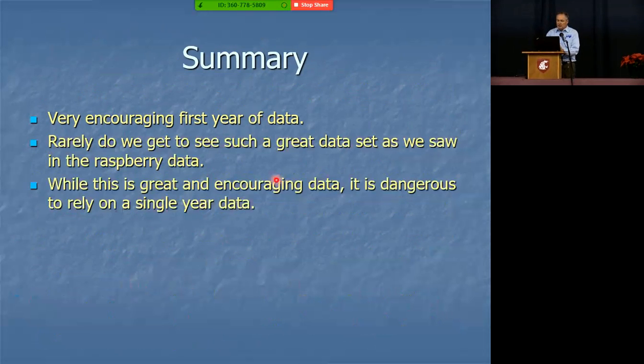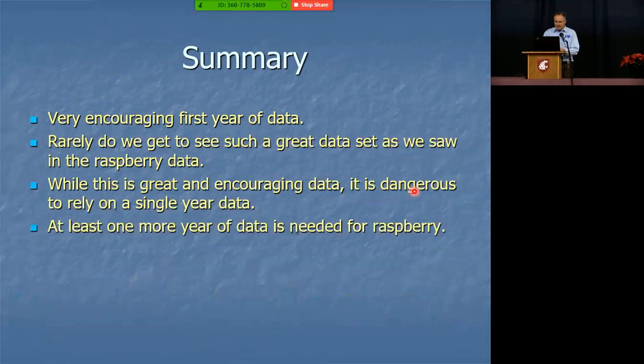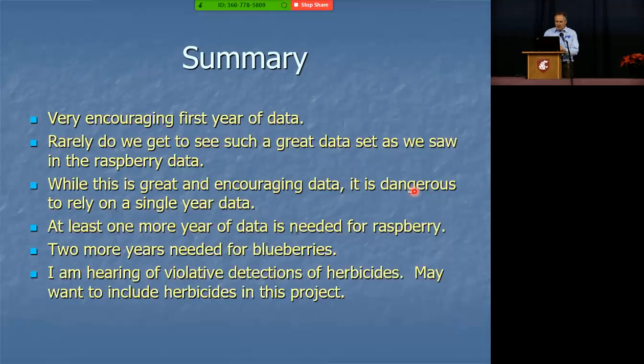This is great and encouraging data. However, it's dangerous to rely on a single year. We do it next year, and who knows, maybe the residue levels are higher. At least one more year of data is needed for raspberries. Two years are needed for blueberries due to the higher variation in the data.